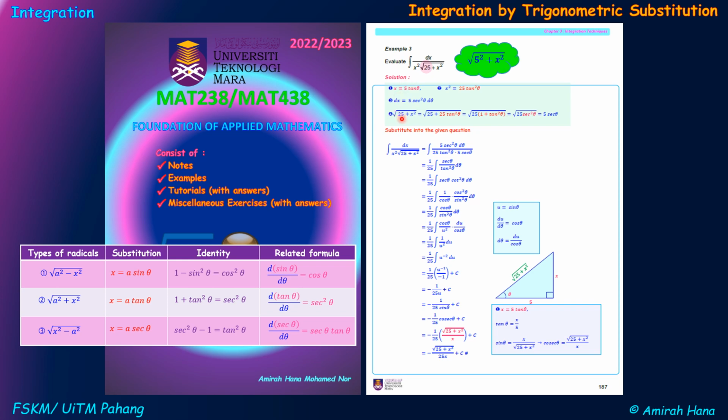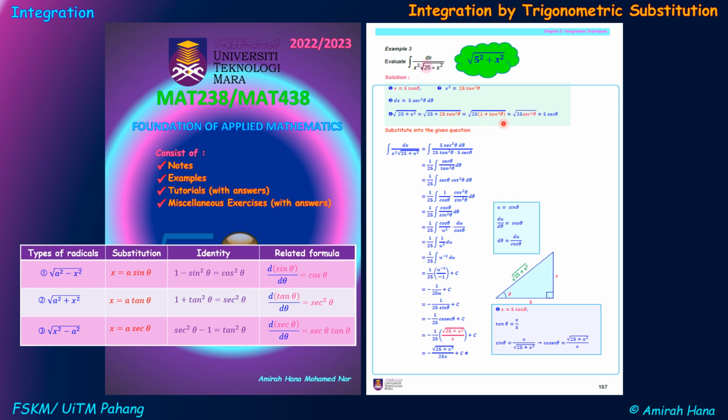And then step 4, we want to eliminate radical 25 plus x squared. So equals to radical 25 plus, okay, gantikan x squared equals to 25 tangent squared theta. Perhatikan same constant kat sini, 25 and 25. So we can factorize 25.